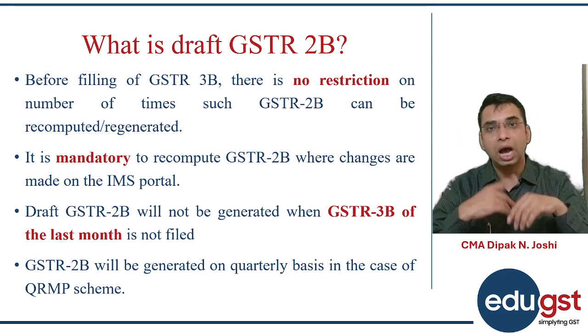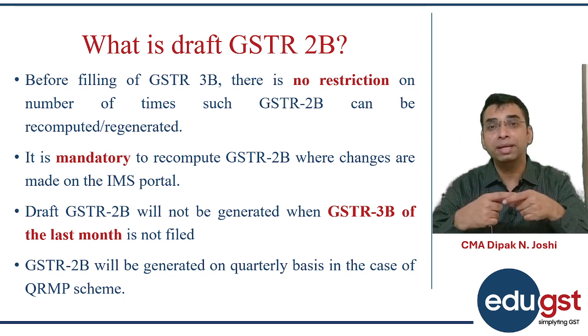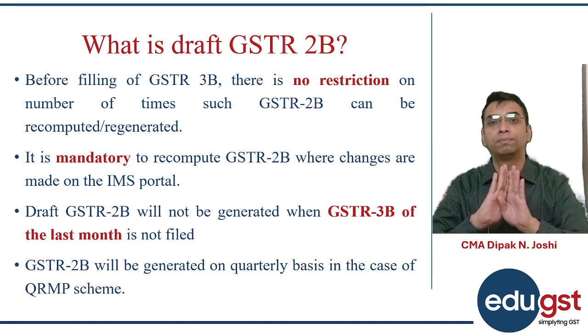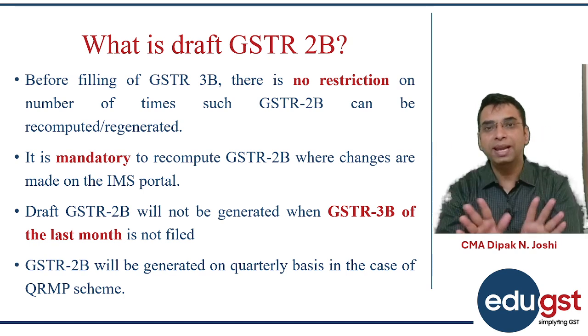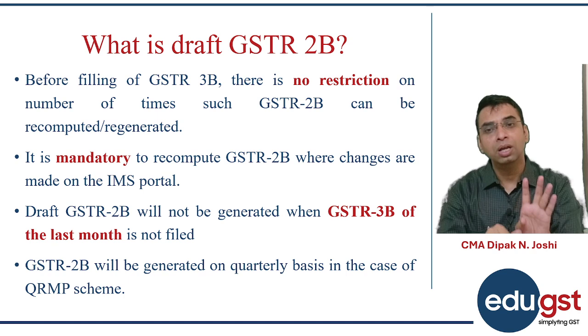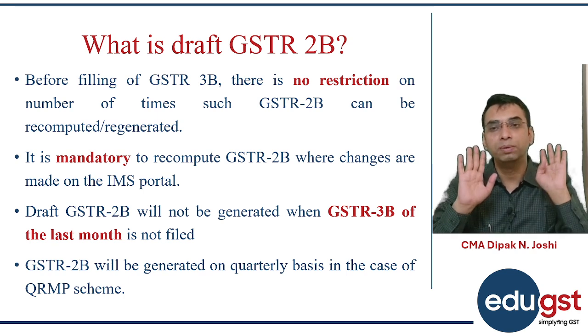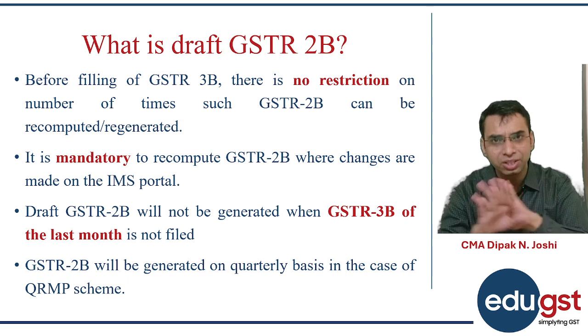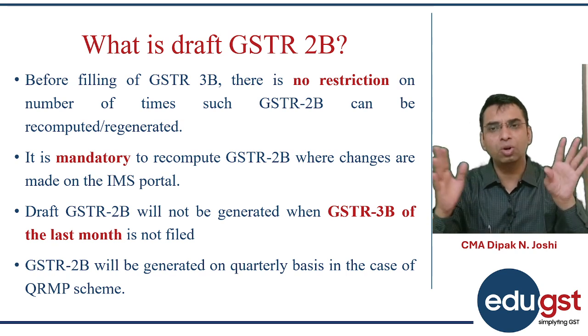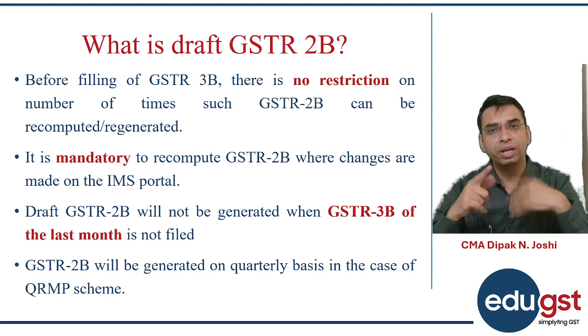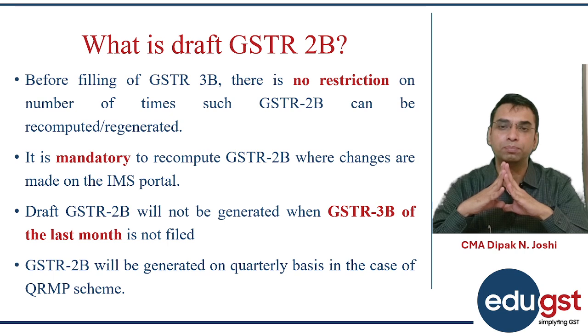Now, how many times can I recompute my GSTR 2B? There is no restriction. Till filing of GSTR 3B, you can regenerate your GSTR 2B any number of times. So before filing GSTR 3B, there is no restriction on the number of recomputations of your GSTR 2B.